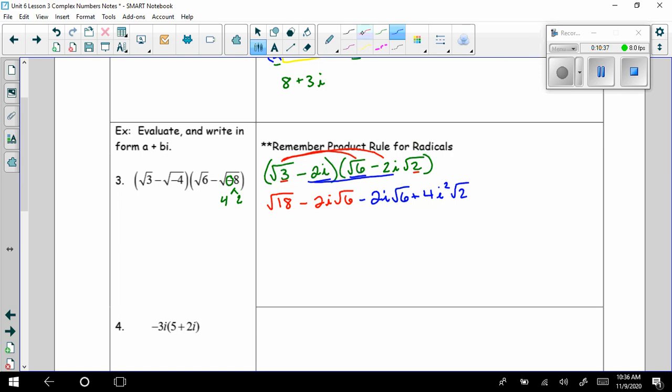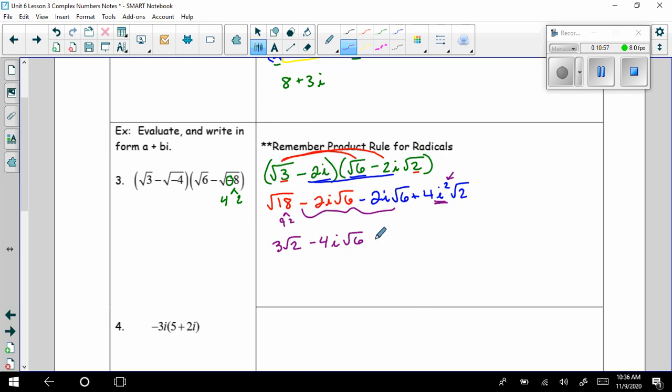So when you're simplifying expressions like this, we're going to simplify our radicals. So this is 9 and 2, 3 root 2. If they simplify, we're going to combine any like terms that we have. So minus 4i root 6. And then we need to also make sure we change any i's that have a power.